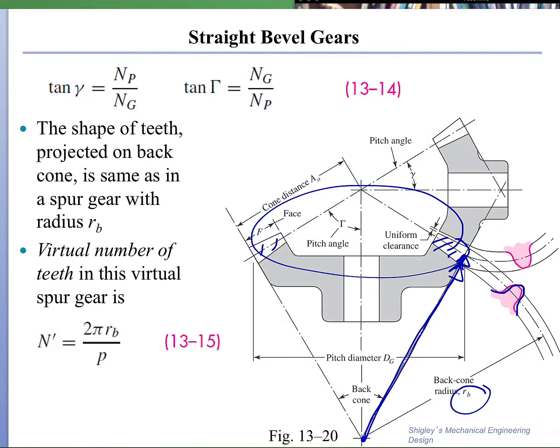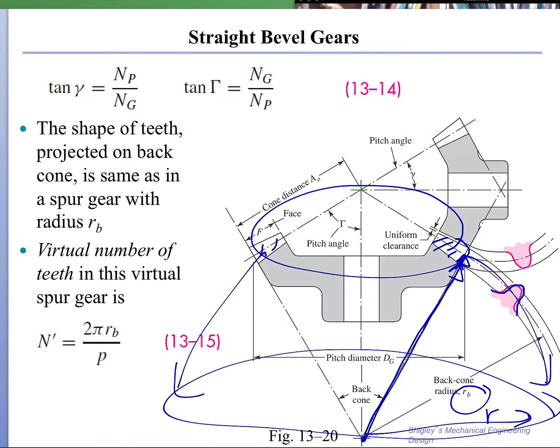So if you imagine that you project this circle on the horizontal, it would be much bigger, and it has the r sub b, and therefore there's a virtual number of teeth that one can imagine, which is the circumference of the base circle divided by the circular pitch on the bevel gear, and that gives you a virtual number of teeth that is projected on the horizontal plane.